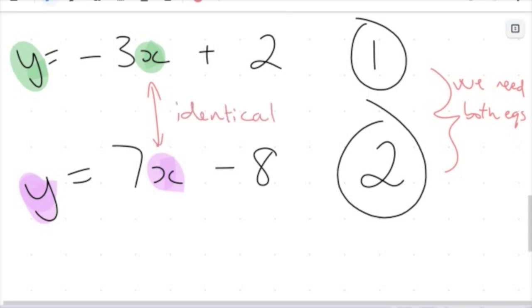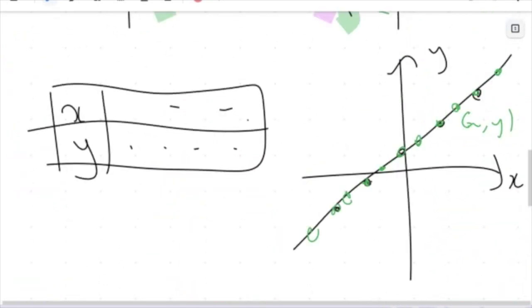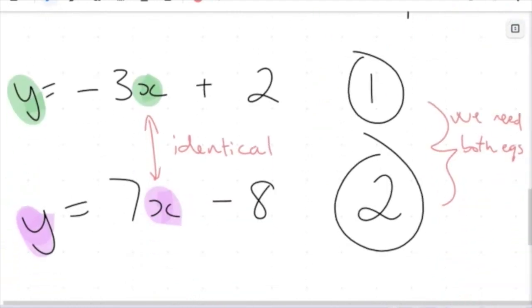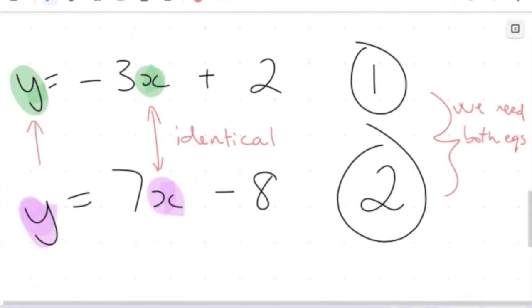Remember, we're trying to find a point of intersection. And this point xy, the x value at that point is going to be the same for both lines. And the y value is also going to be identical for both at this point of intersection.